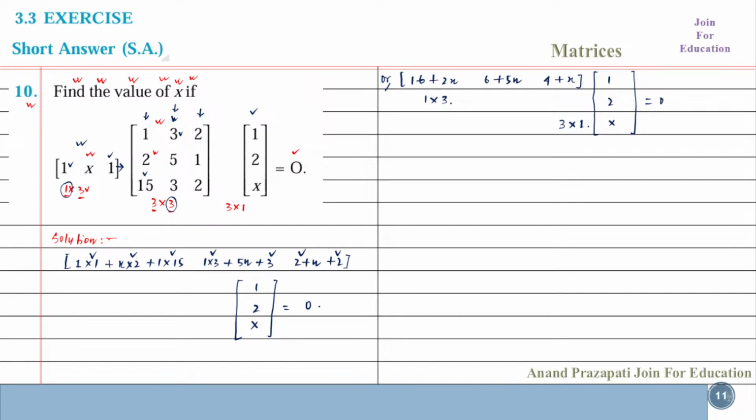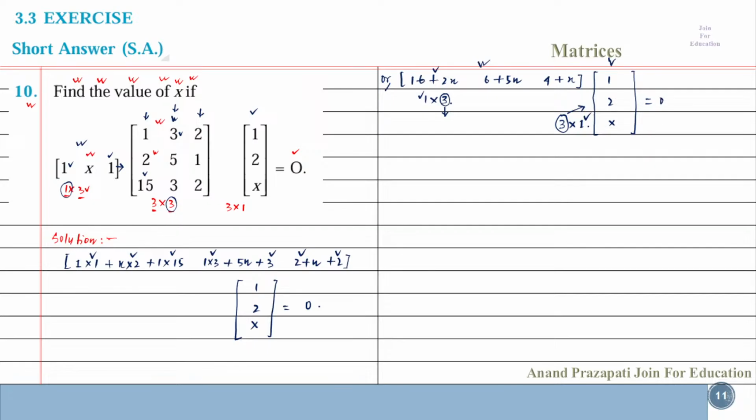So the multiplication of this matrix and this matrix is possible because the number of columns of this matrix is equal to the number of rows of this matrix. Therefore we get a matrix after the product, and the order will be 1 by 1. So let's see the multiplication.